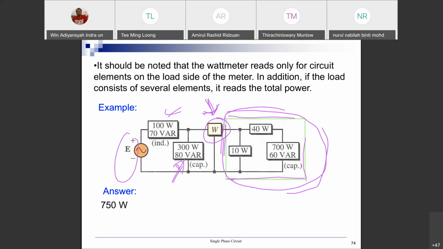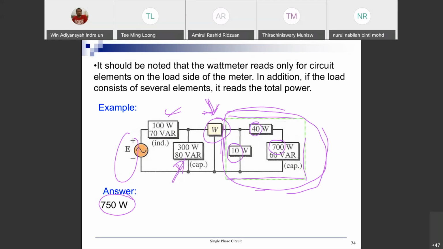So 700 watt plus 40 plus 10 equal to 750 watt.